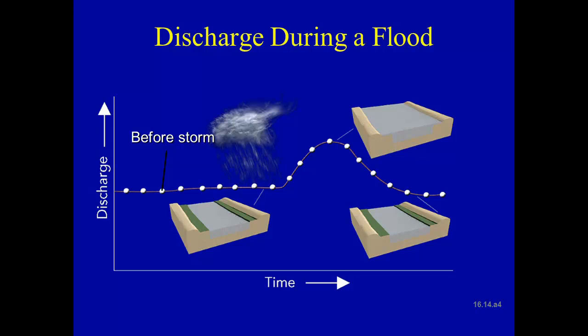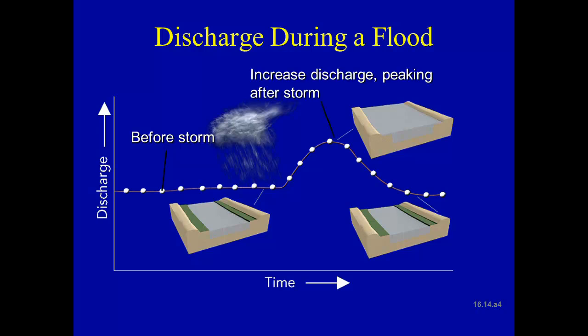But this is a hydrograph, a plot of discharge versus time, and we see before the storm to the left, discharge is at average values. The stream is well within its bank. But then we get this sudden thunderstorm with lots of precipitation.